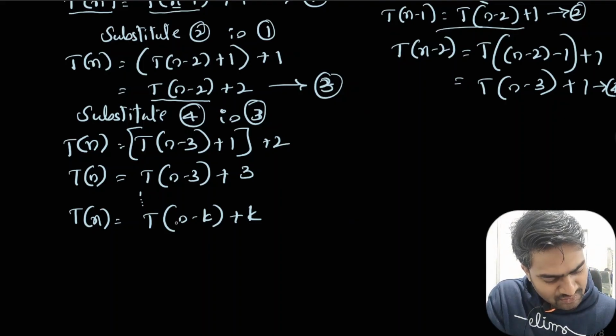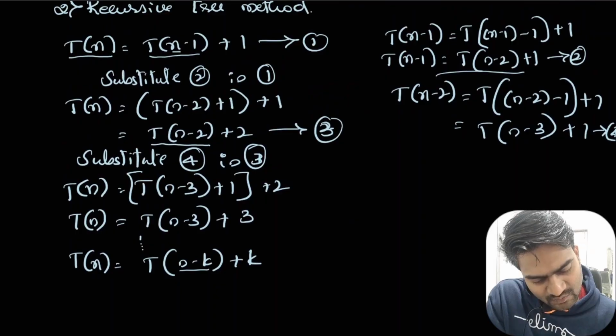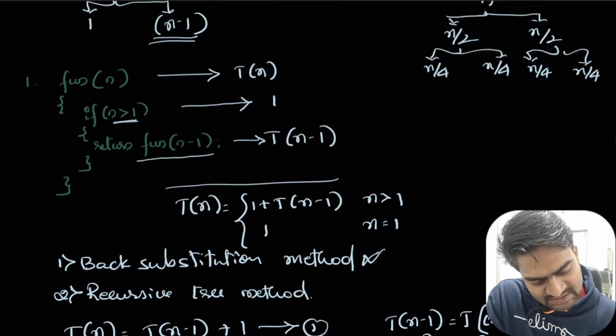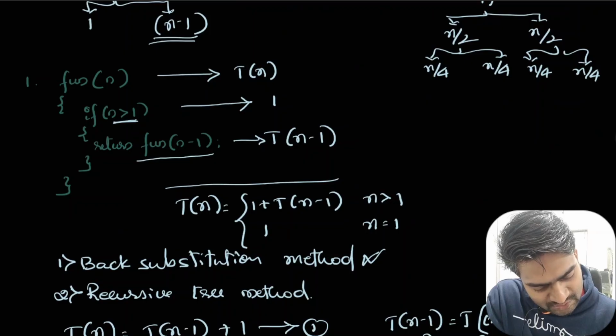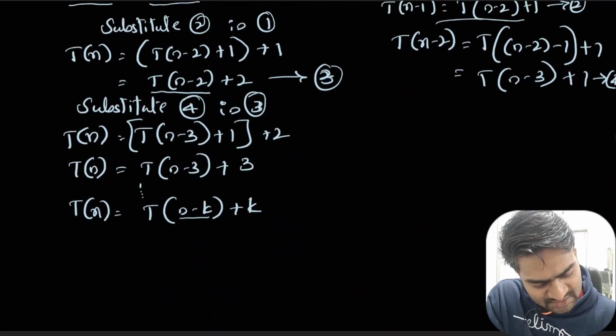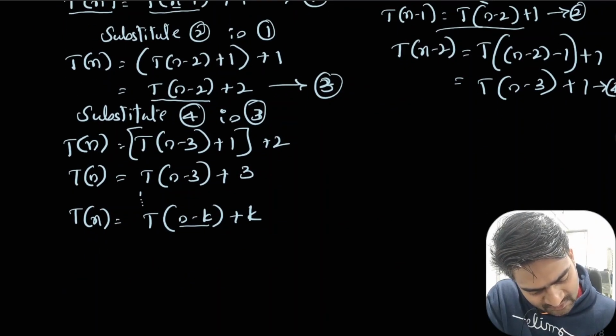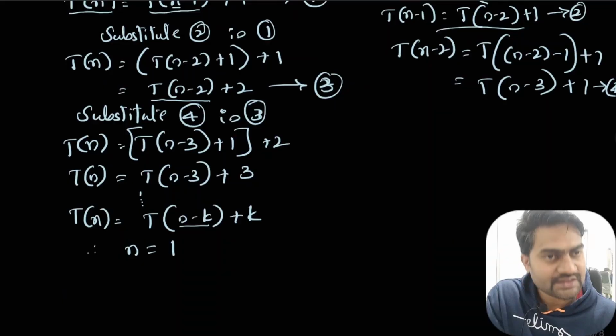So now we need the value of n minus k. One thing we can observe from this algorithm is that our loop, or this execution, stops when n becomes 1. So that's a base condition we have. Therefore our loop stops when n becomes 1.